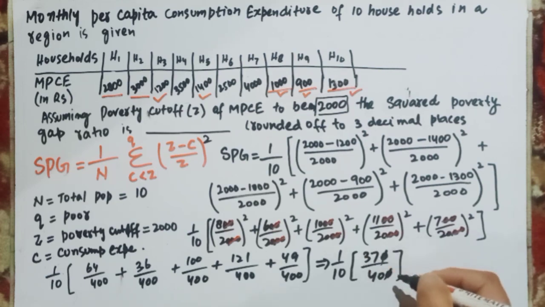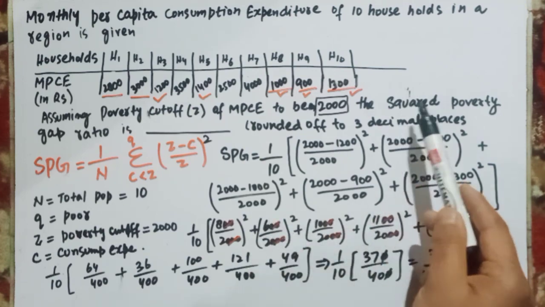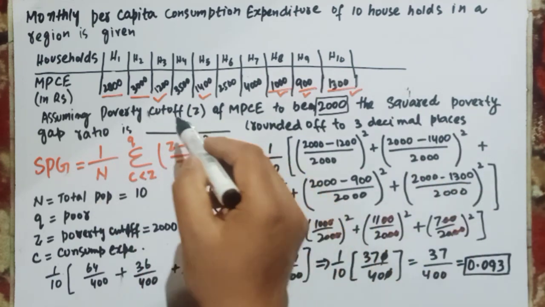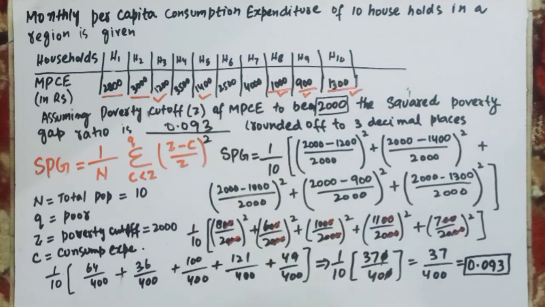Cancelling, we are left with 37 upon 400, which if we solve comes out to be 0.093. So our squared poverty gap ratio is 0.093, and we also say this as the severity index.